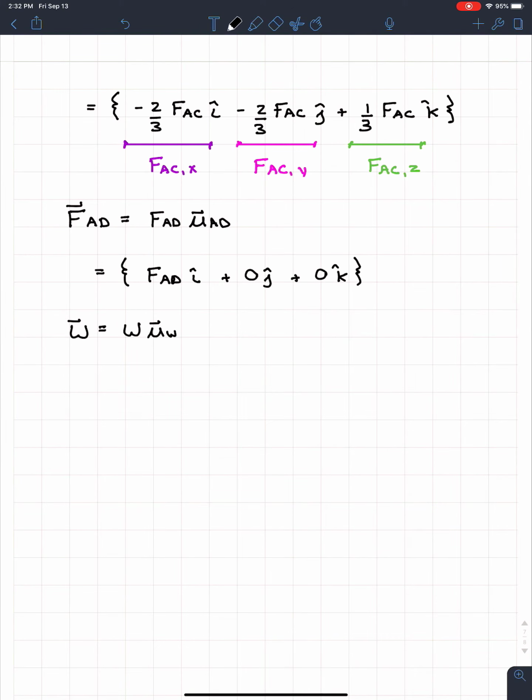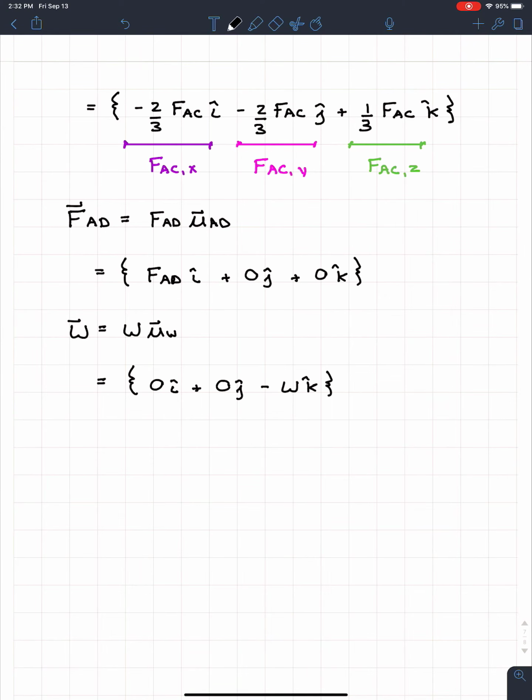This is actually the best example of what I was just talking about. For this one, instead of just going minus WK, I'm going to go 0i to remind myself there's nothing in the i direction, plus 0j, and then minus W in the k direction.